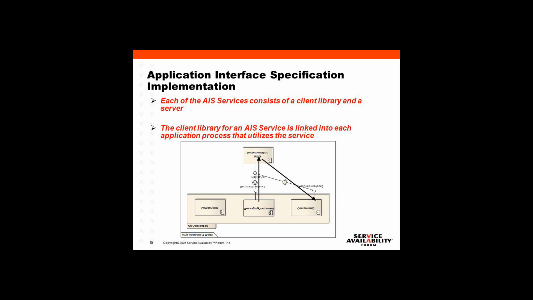Security. The security service provides mechanisms that can be used by AIS services to authenticate AIS service, and potentially other client processes within the cluster, and to authorize them to perform particular activities. These mechanisms can be used to preserve the integrity of the high availability infrastructure and of SA Forum applications, including their data, by protecting against unauthorized access.